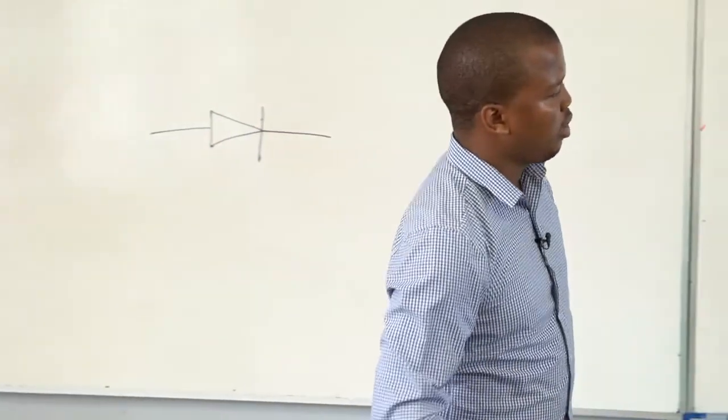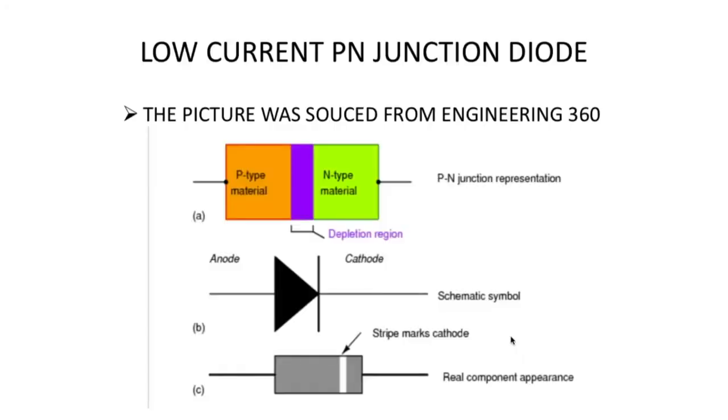You use it whenever you are drawing your circuit diagrams, and you will also be asked to identify them in your exams. The last picture from our slides is a real component appearance. As you can see, the stripe marks the cathode, and the tail part is the anode.